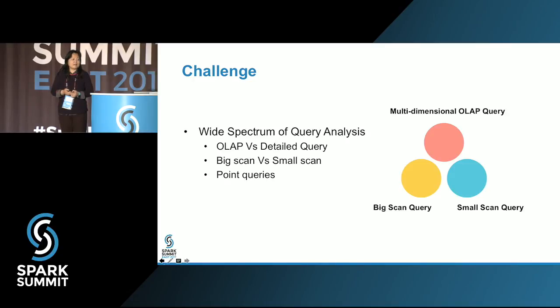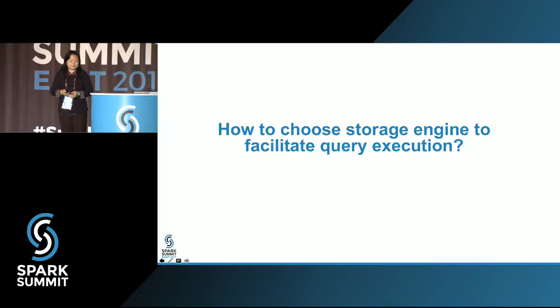From big scan type of queries, which scan a big chunk of data out of a huge table, versus very selective filtering queries, which involve only a small scan, as well as point queries, which are more or less like a key value lookup, where you only touch a very small portion of huge tables, which contain billions of records.